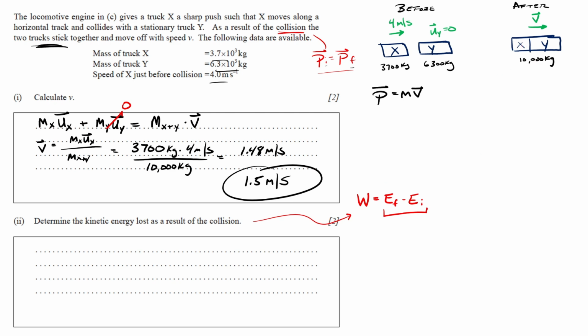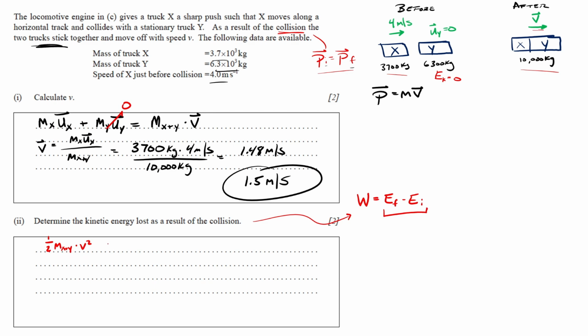Again, picture what's going on. What is happening here kinetic energy-wise? I've got a big mass moving at, I know now, 1.5 meters per second. What was happening at the beginning? This had no kinetic energy. This has some kinetic energy. And all I want to do is take the difference. So let's do that. I just want to do 1/2 times the total mass.